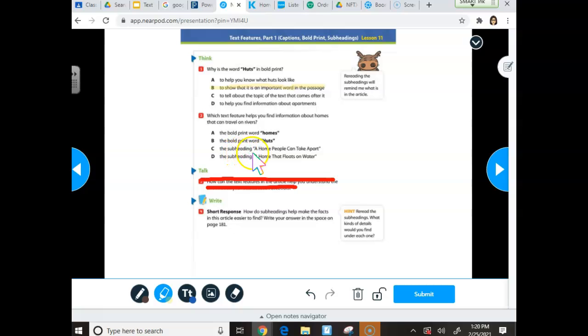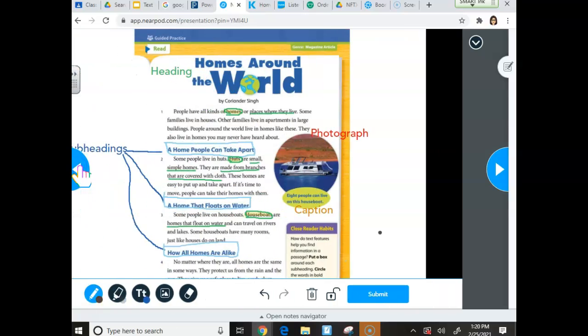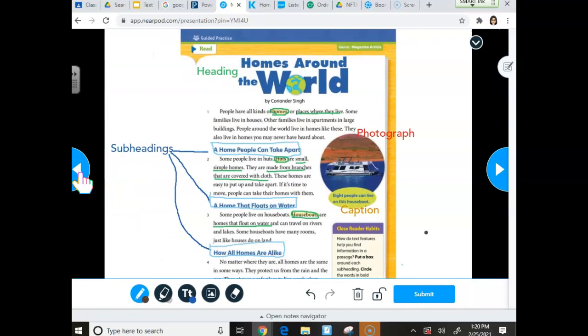C, the subheading a home people can take apart. Or D, the subheading a home that floats on water. Which text feature helps you find information about homes that can travel on rivers? All right, so which one is that, guys?